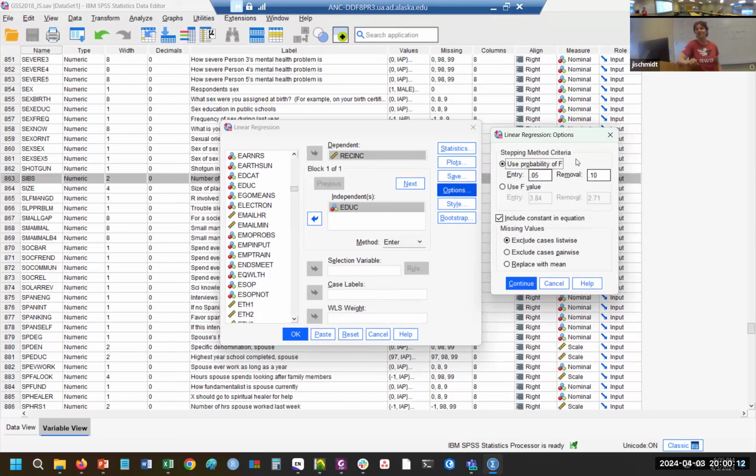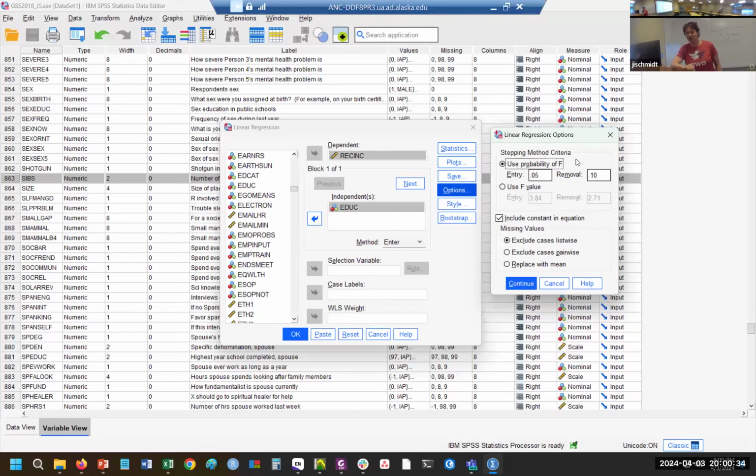And so what this will do is step through each of your predictors and ask, is it significant? If so, keep it in the model. It'll add the next one, rerun the regression. Are those two now significant? If they're both significant, keep them in the model. If it hits one that's not significant, it removes it from the model.